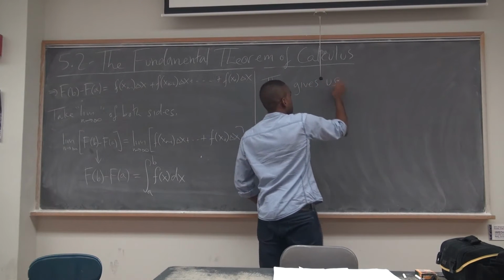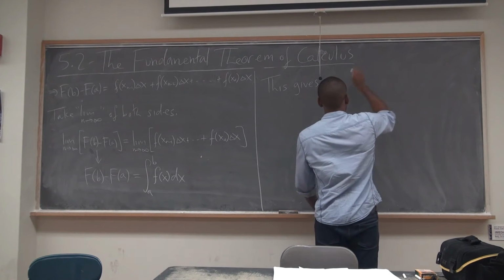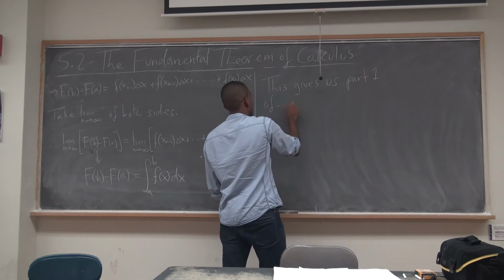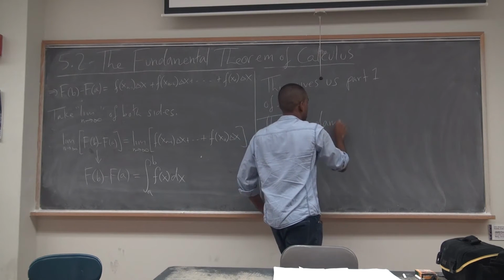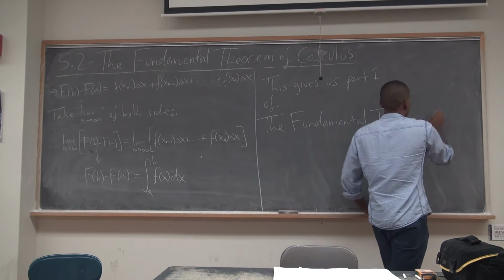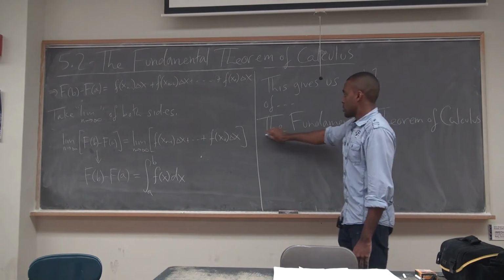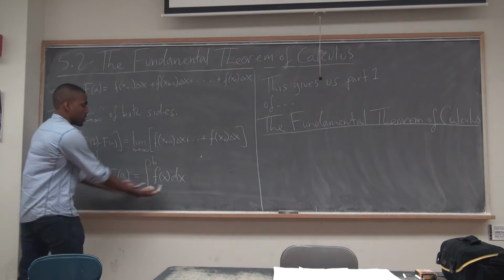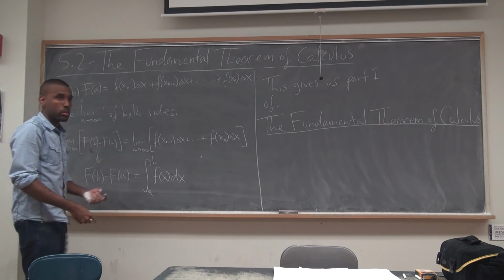This gives us, I think your book calls it part 1, but it was actually part 2. Whatever. Part 1 of the fundamental theorem of calculus. Basically, this theorem states that evaluating the antiderivative of a function between two endpoints is the same as computing the area under that function.